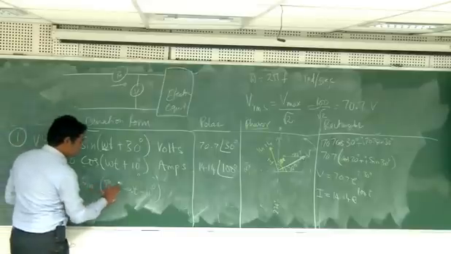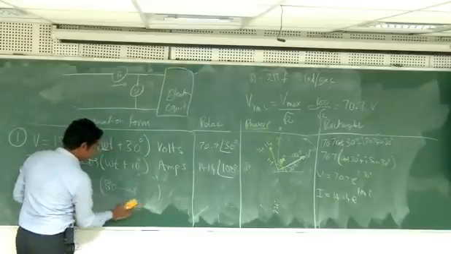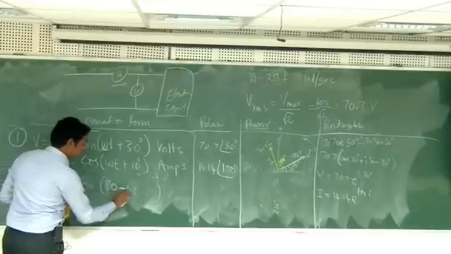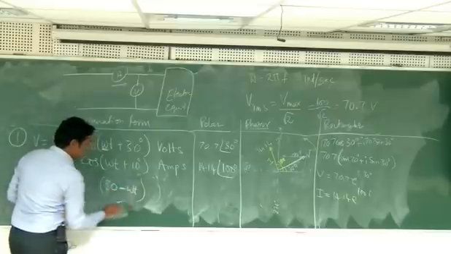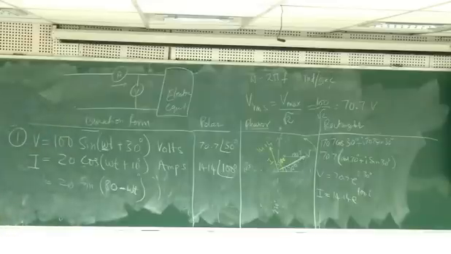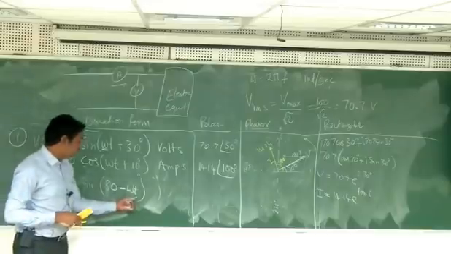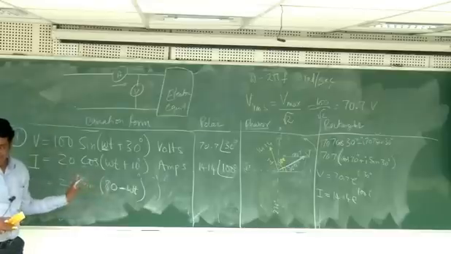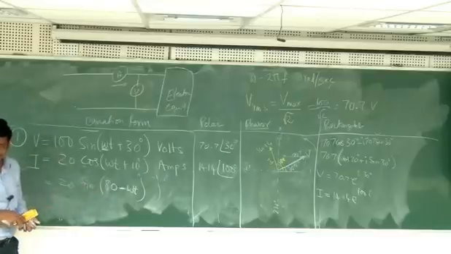So this will be 80 minus omega t. But then because I want t to be positive, because this term will be positive or something, if you want to reverse it again, you will go back to the same thing, something like that.